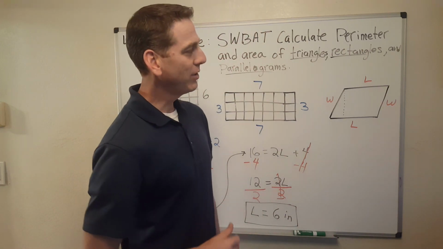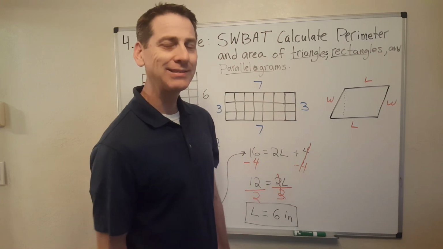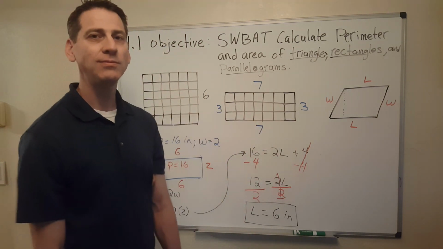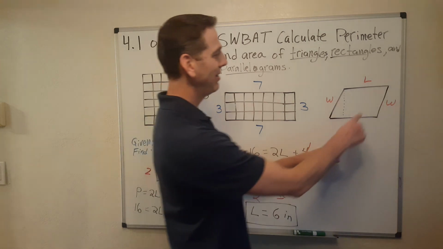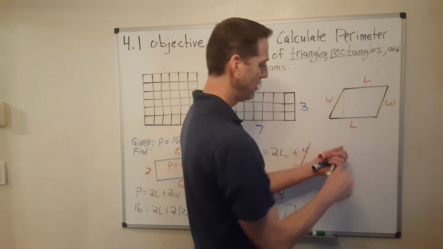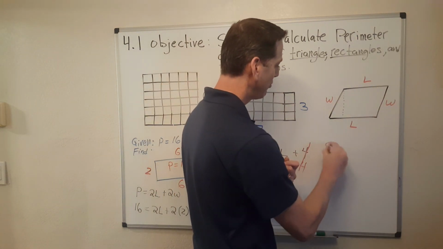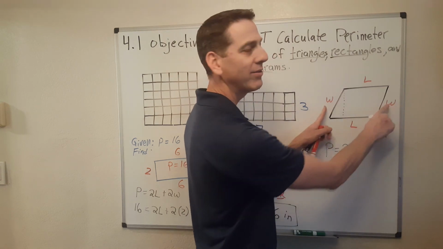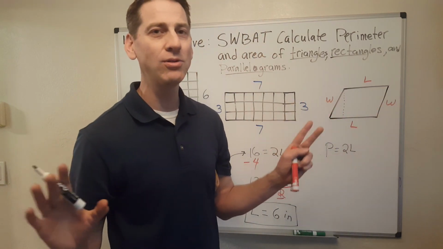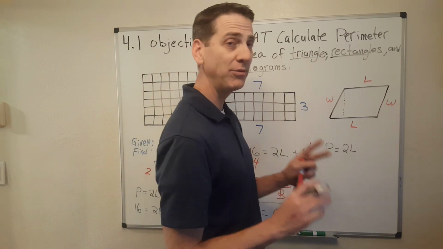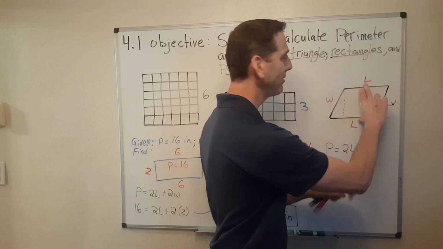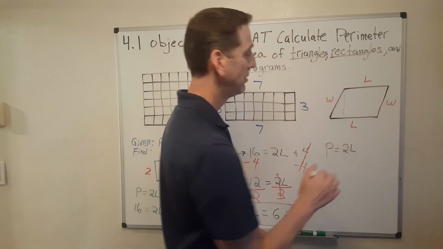Well, it's pretty much the exact same process as a rectangle, right? These two lengths are equal. Perimeter equals 2 times L, and the widths are completely identical as well. They have to be, because the two lengths are parallel to each other.